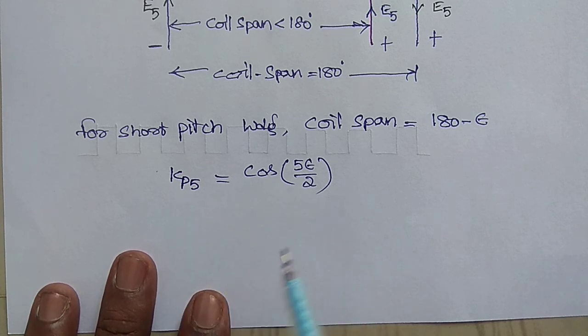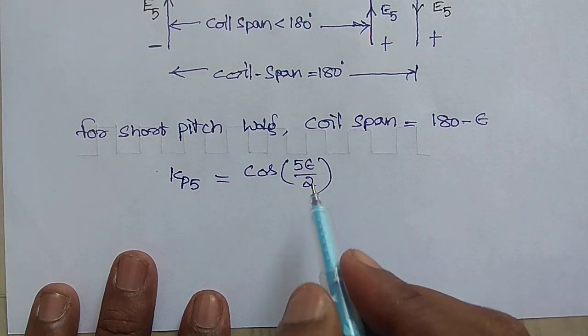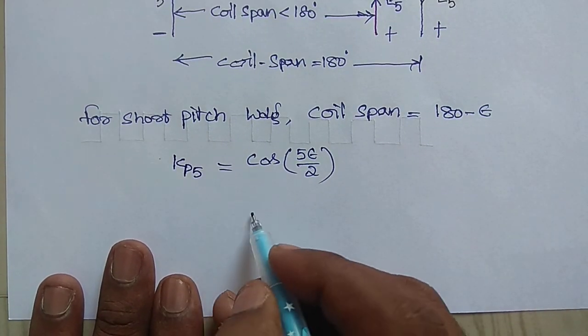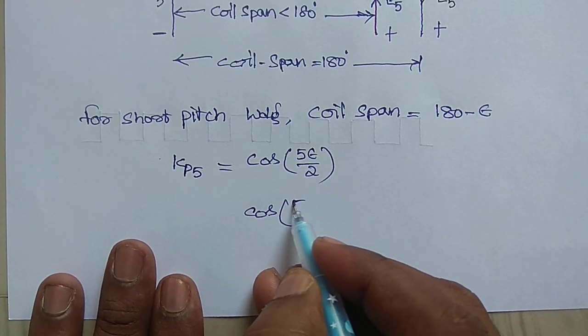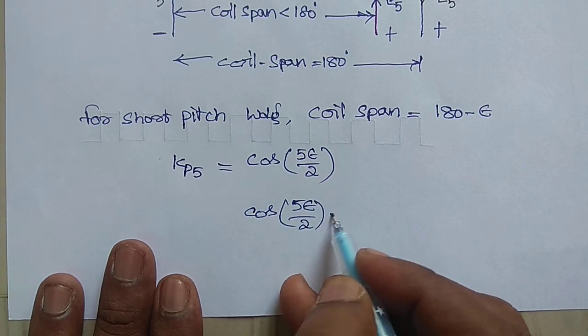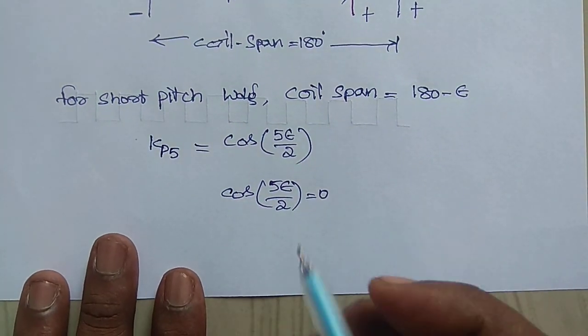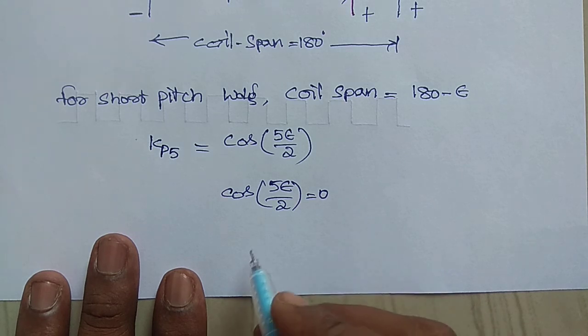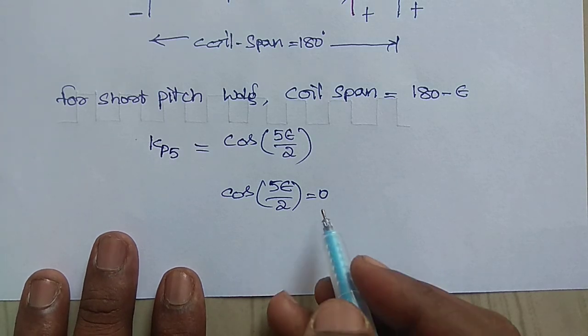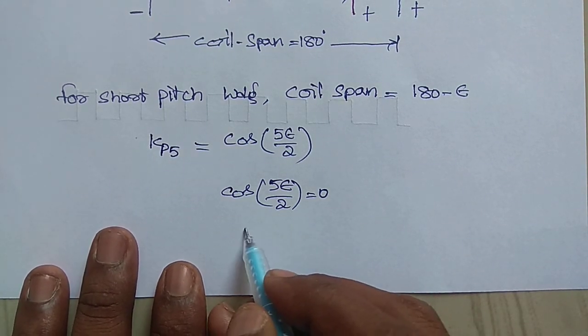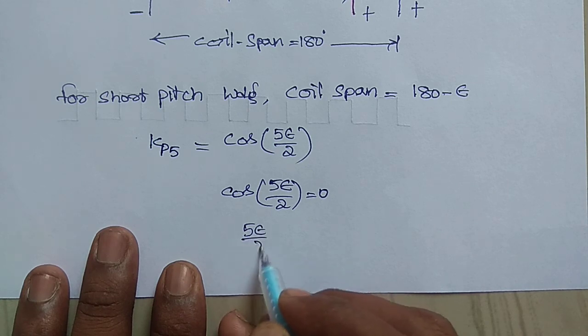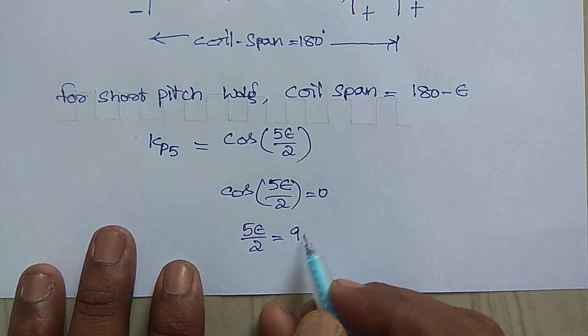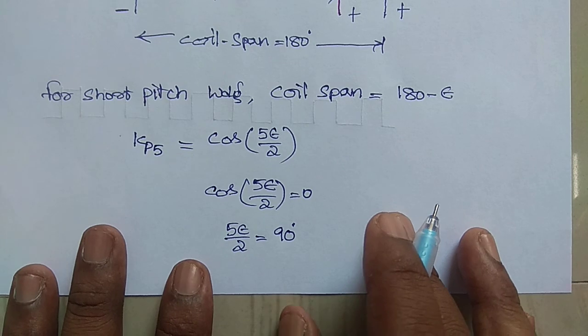So I want cos 5 epsilon by 2 equal to 0. What happens when cos becomes 0? Cos 90. So definitely 5 epsilon by 2 is equal to 90. Then only it will satisfy that equation.